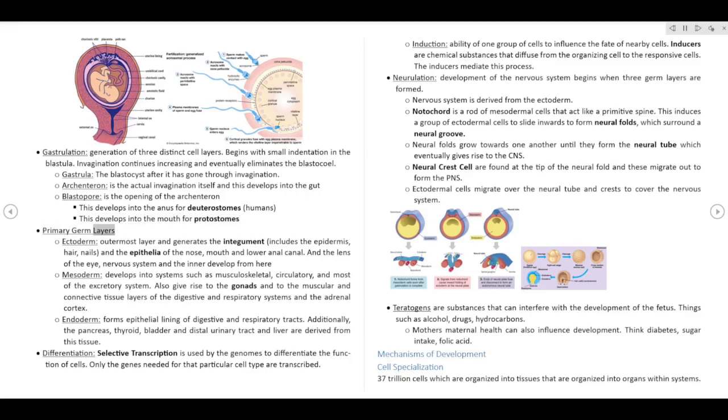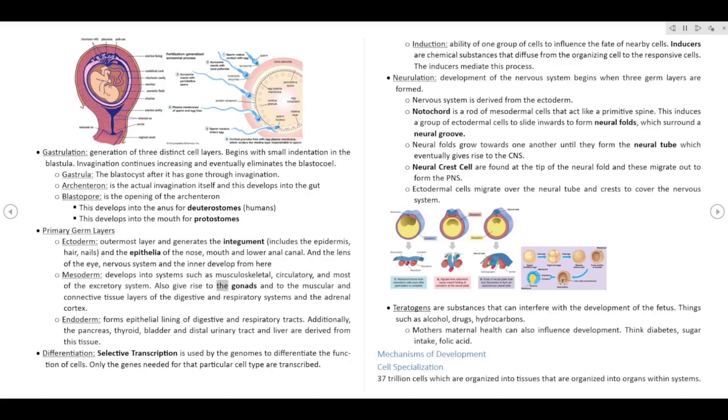Primary germ layers. Ectoderm is the outermost layer and generates the integument, which includes the epidermis, hair, nails, and the epithelia of the nose, mouth and lower anal canal. The lens of the eye and the nervous system also develop from here. Mesoderm develops into systems such as the musculoskeletal, circulatory, and most of the excretory system.